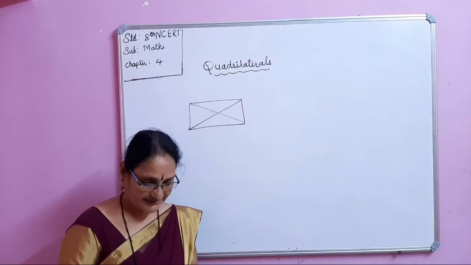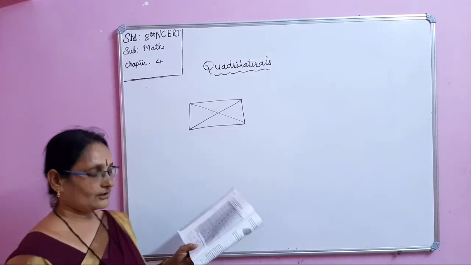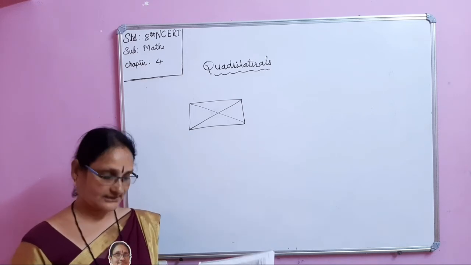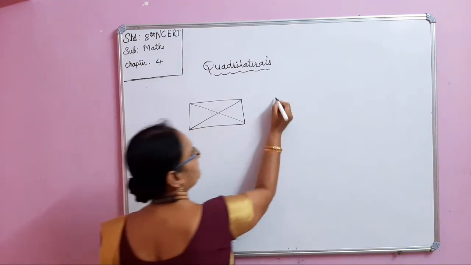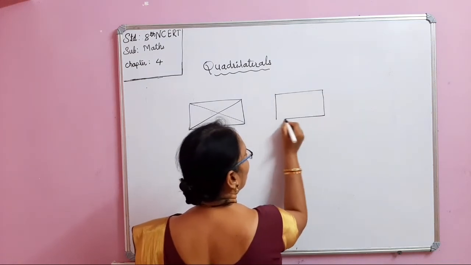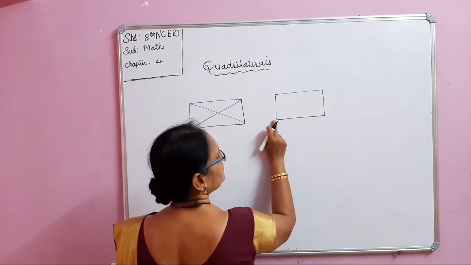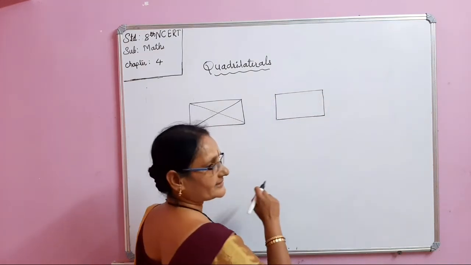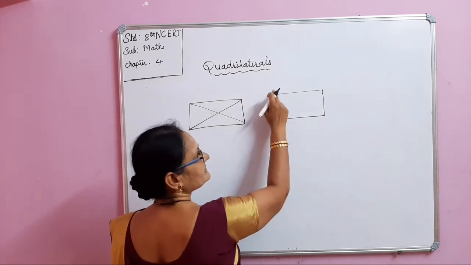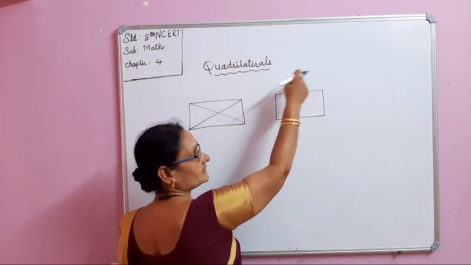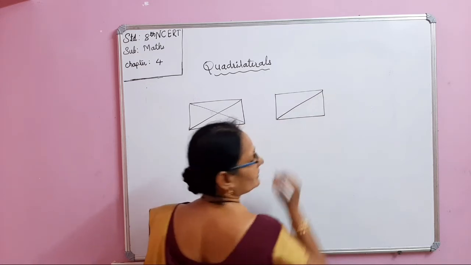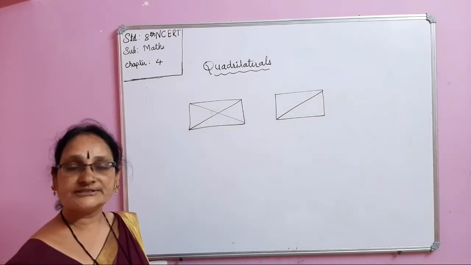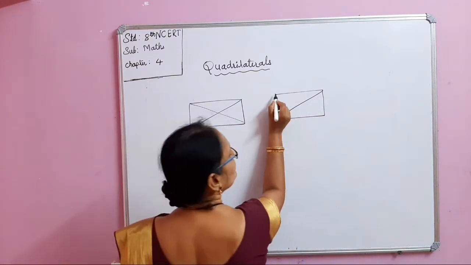It is a line segment connecting two non-consecutive vertices of a polygon. Non-consecutive means, see here, these are the vertices. 1, 2, 3, 4 are the vertices. This is the first vertex, second is consecutive, third is non-consecutive. So we have to join the non-consecutive vertices of the geometrical figure.